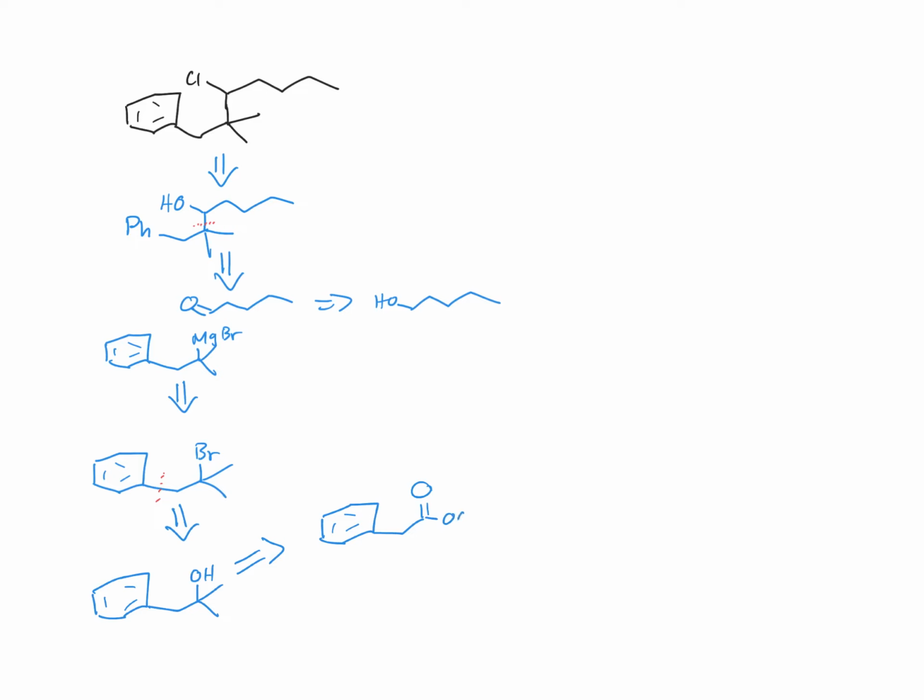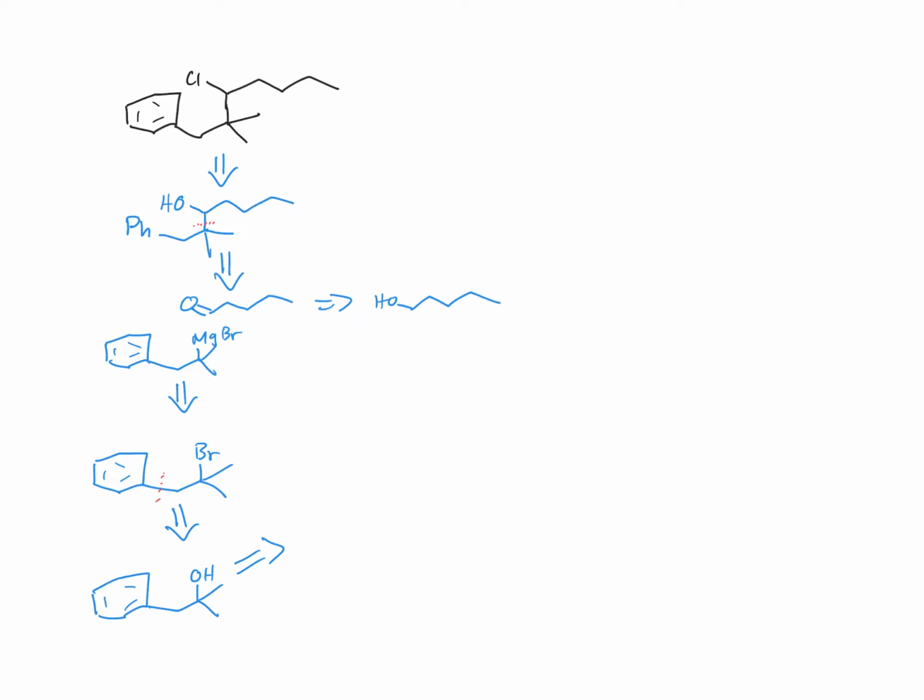The only problem is, at this stage in your chapter reading, we don't know how to make esters. So we could do this. And I'm going to erase this because it isn't useful for this chapter, but you could eventually create this ester and add 2 Grignards to it. So let me get rid of that.